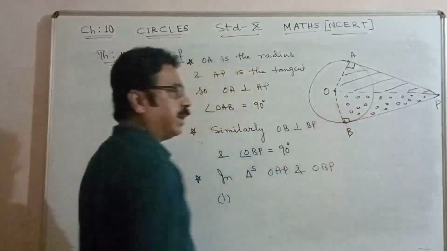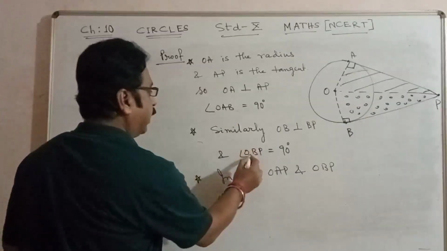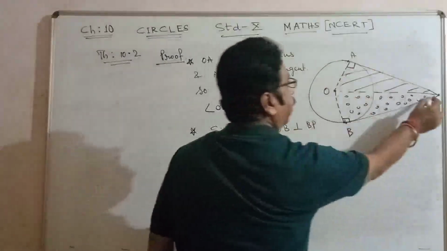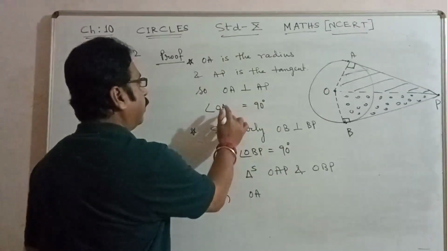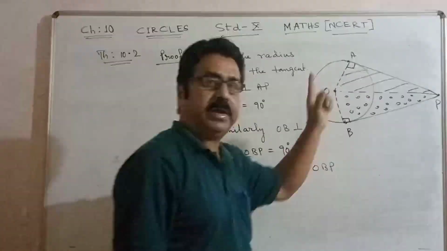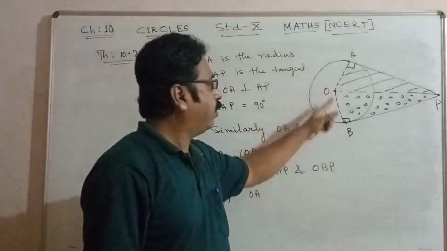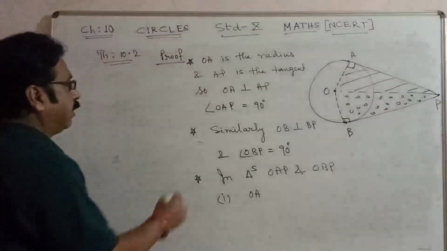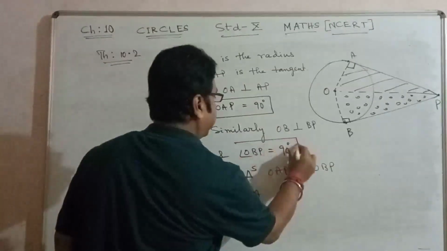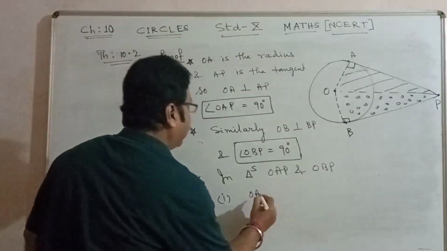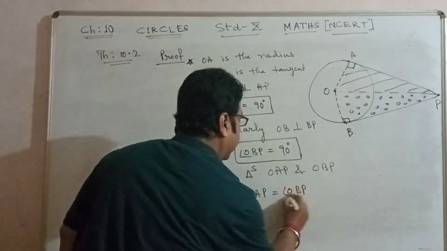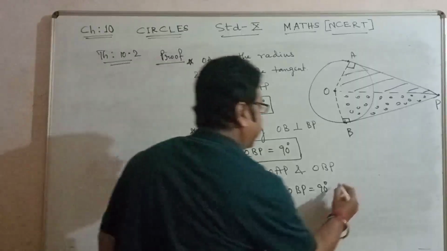This angle and this angle, both are right angles. Angle OAP equals angle OBP equals 90 degrees, right angles.